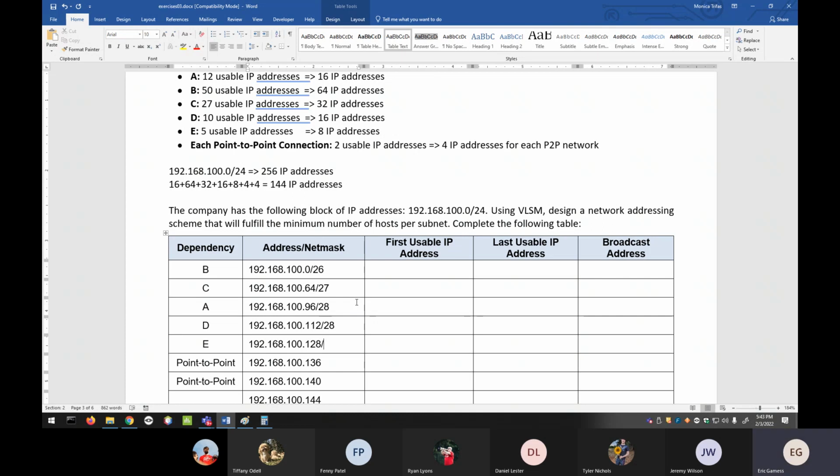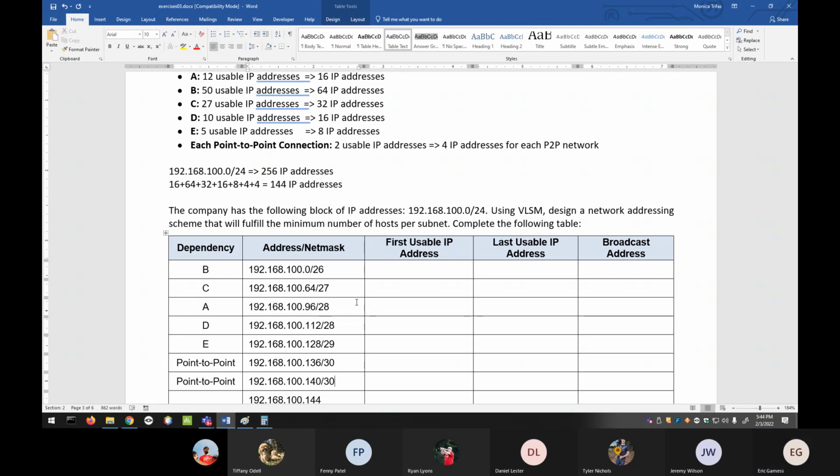So if you have 3 host bits, 32 minus 3 is 29. So it's a /29. Okay, the point-to-point networks have 4 IP addresses. They have to be what? /30, correct. /30, okay?